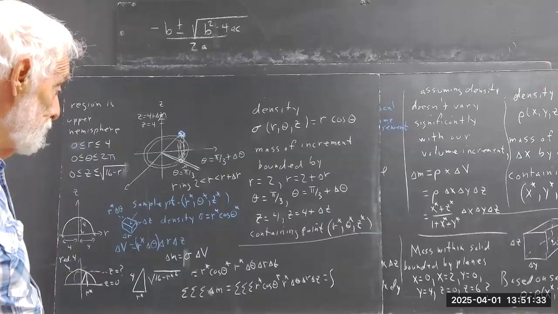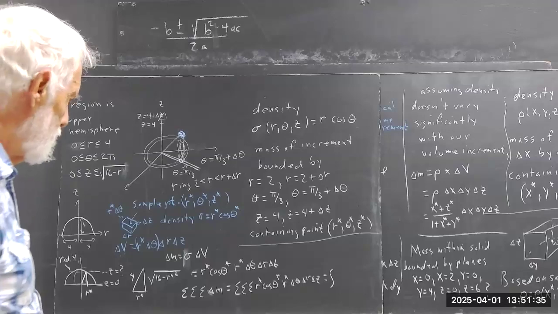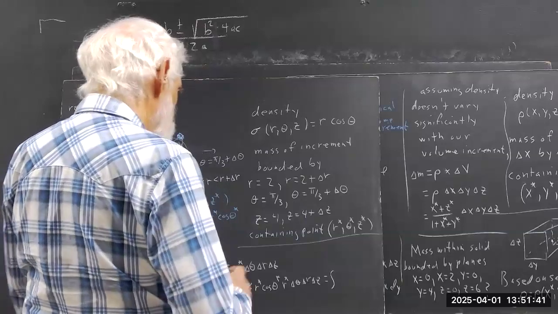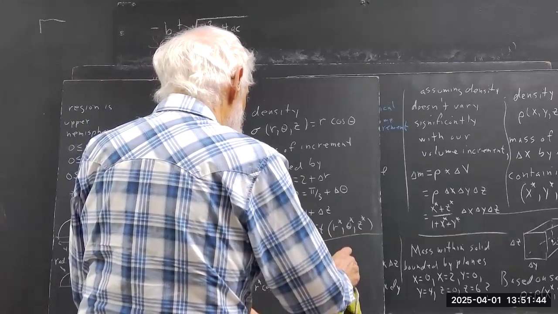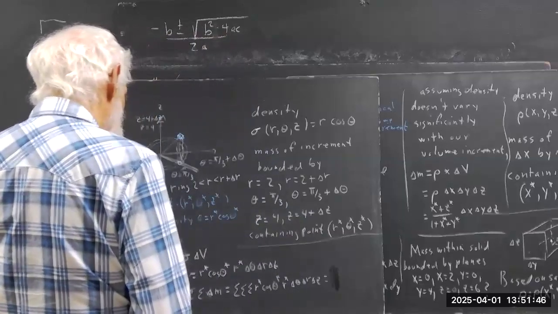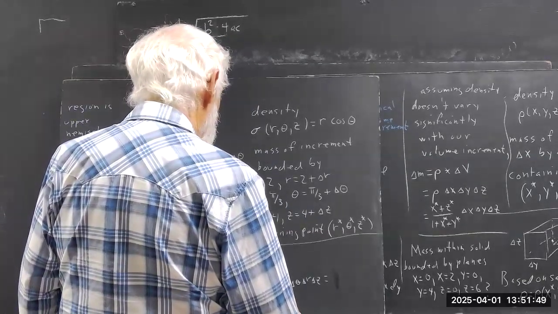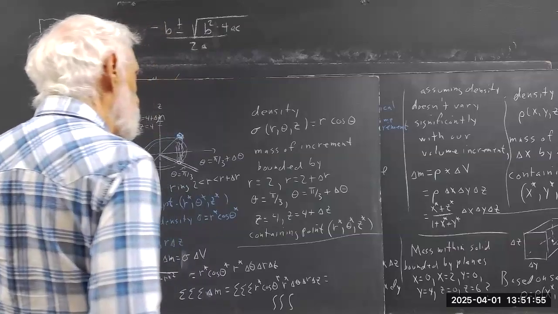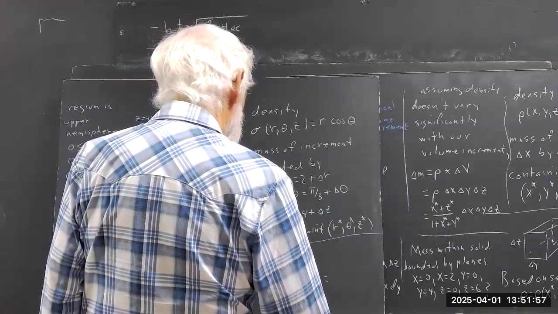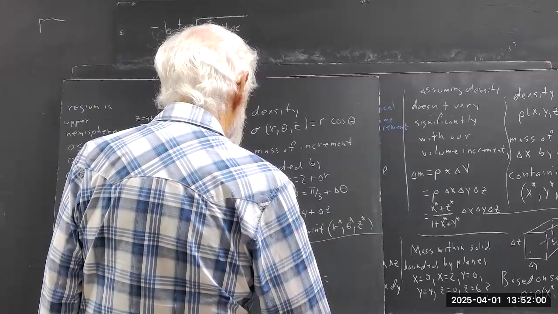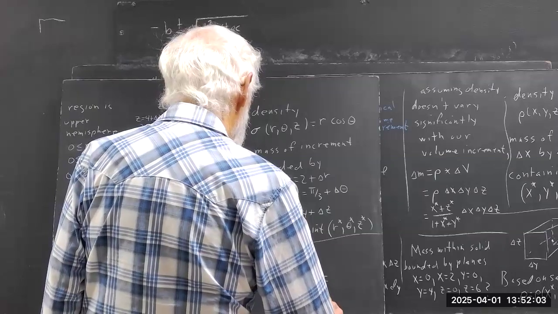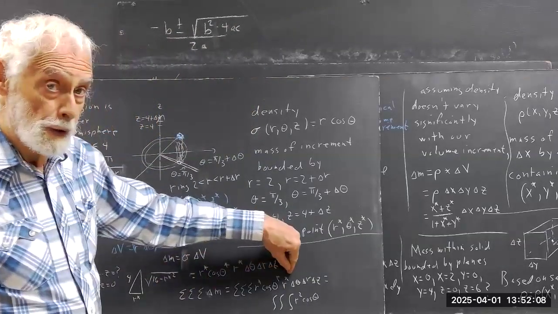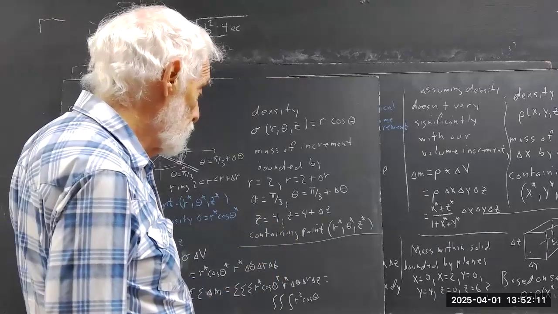What are the limits in the integral? It's going to be the triple integral of R squared cosine theta. You've got an R star here and an R star here. And of course, you got the cosine theta.